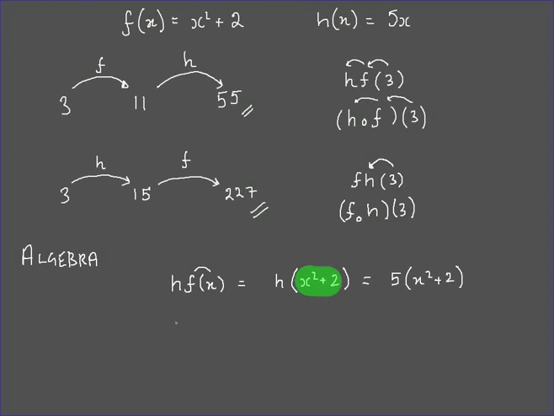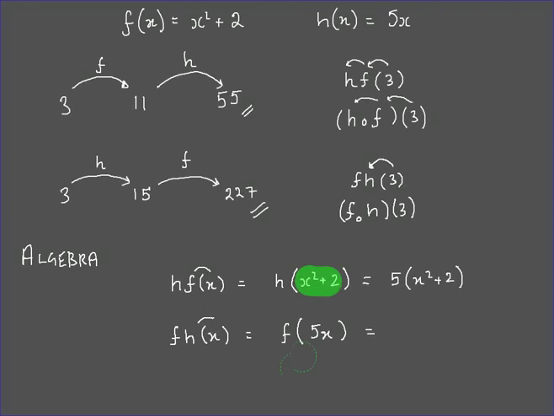If we look at this the other way round, we'll see why these did not give the same answer. We're going to go through h first, so I'm going to leave f, deal with h, and then once again don't be put off by letters. The instruction, and we've got to keep our eyes on the instruction, is to square and add 2.